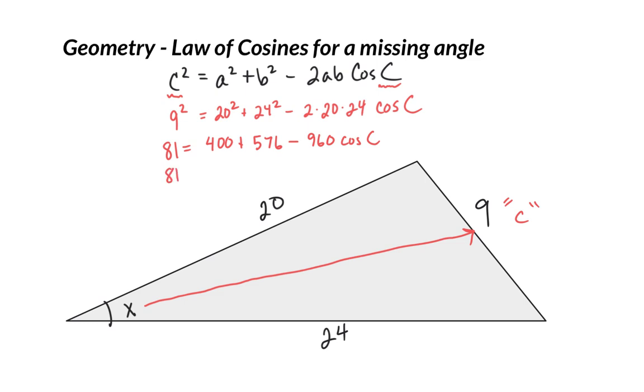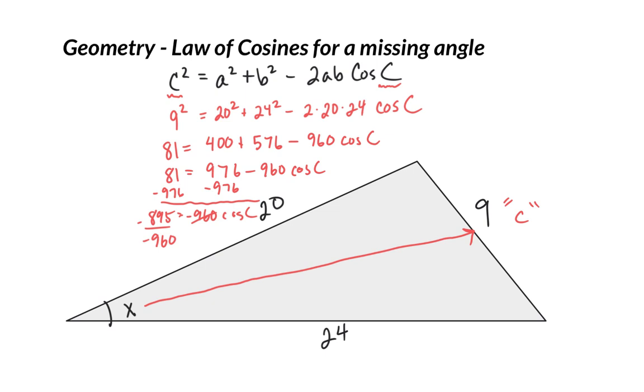So now I can add those two numbers together: 976 minus 960 cosine C. Well, I would just subtract over the 976 and get negative 895 equals negative 960 cosine C. Divide both sides by negative 960. I'm going to leave that for a second.